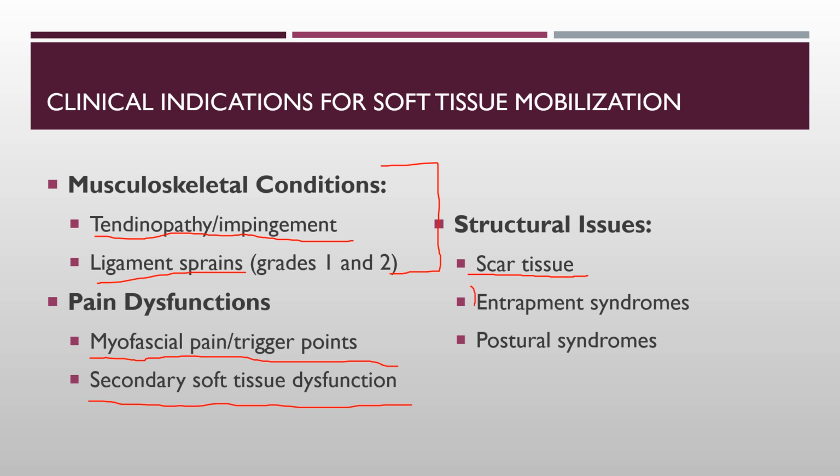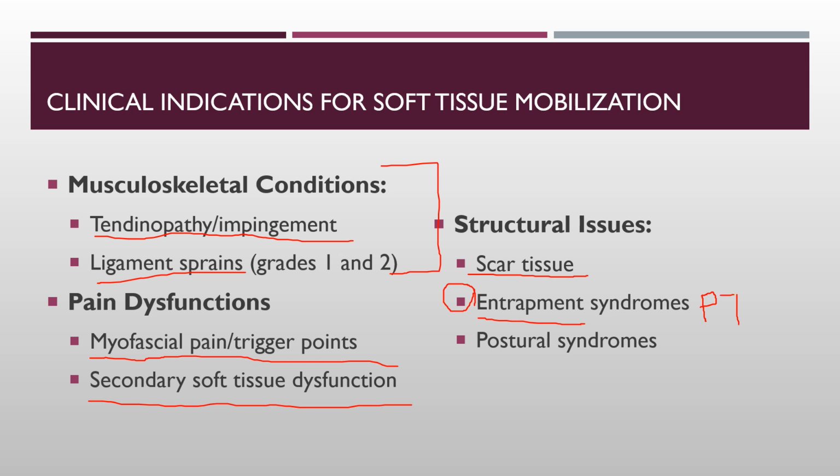We haven't really talked too much about entrapment syndromes, but one that I think of off the top of my head would be something like carpal tunnel syndrome, or CTS. A lot of folks will automatically go distal to the carpal tunnel where that median nerve becomes entrapped, but that may not change their symptoms if we just address that one area. So you may have to look up towards the pronator teres muscle.